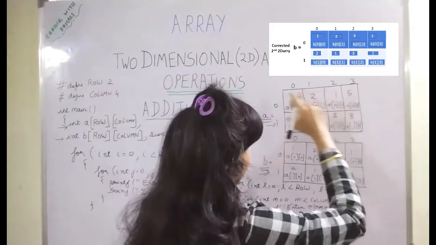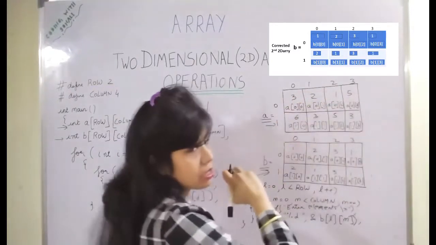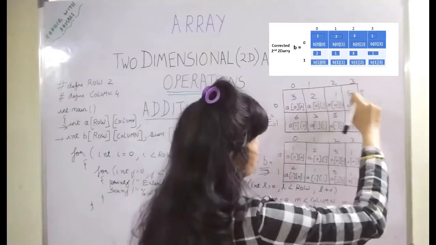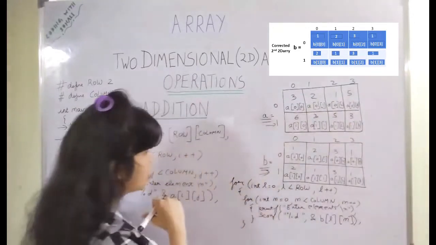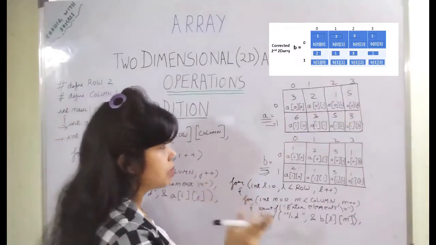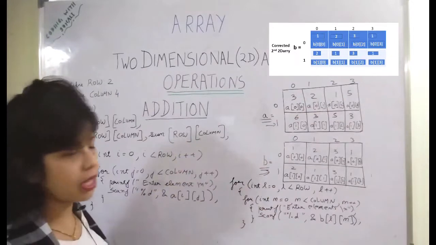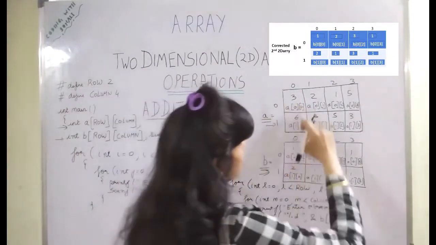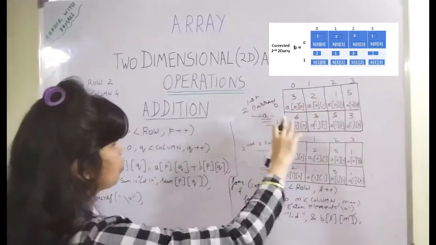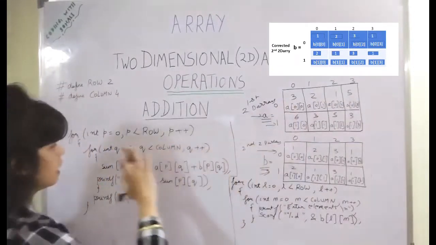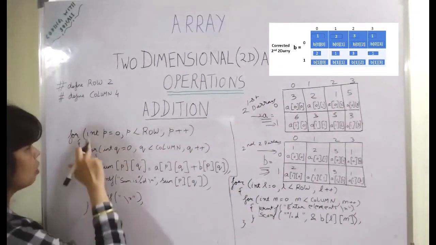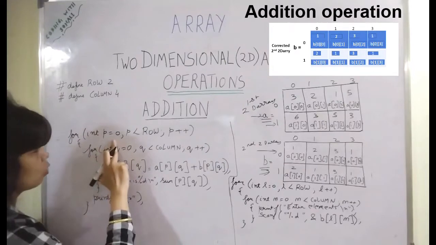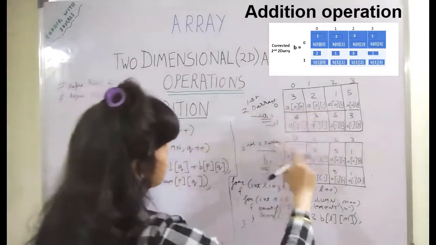Since we filled this 2D array by filling the 0th row first, then the first row, as we have seen in the runtime initialization, similarly we will take 2 for loops for that, and row wise we will be adding each element to perform the addition of these 2D arrays. Therefore I will take 2 more for loops. For the outer for loop, as I told you, we will be adding the elements row wise.